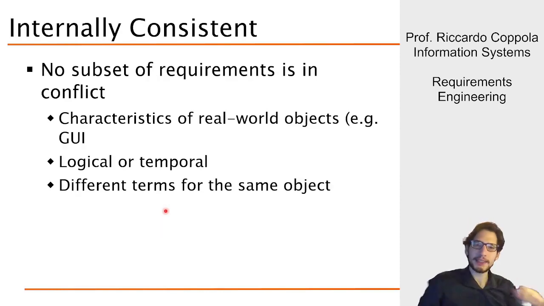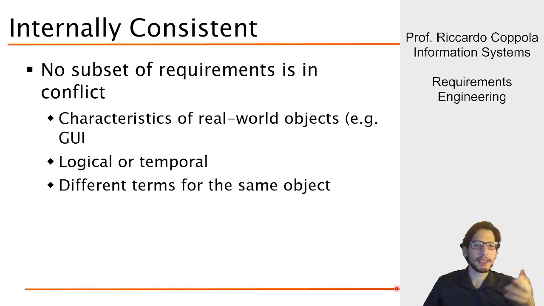What is important is also that the requirements must be internally consistent, so they must be coherent with each other. I mustn't have requirements that are contradicting or conflicting with one another. I, of course, need to take into consideration all the implications for all the requirements.